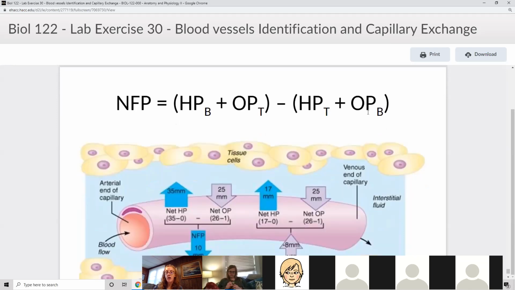And the osmotic pressure of the blood is how much the proteins within the plasma are trying to bring that fluid back into the blood.